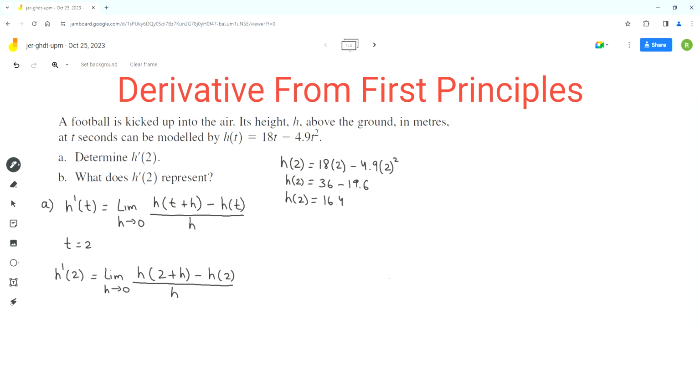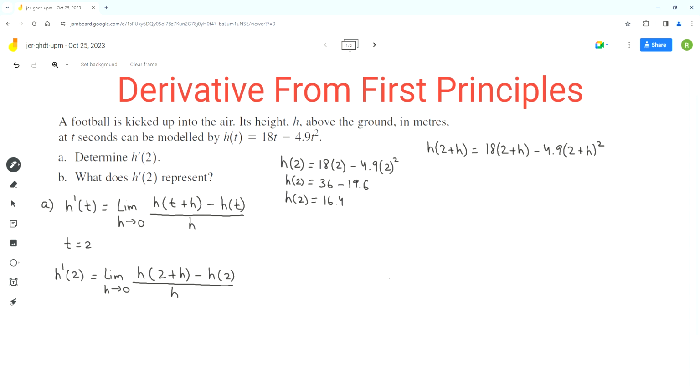Now we can find the expression for h(2 + h). For that, we will sub in t as 2 + h in this given function for h. So we get 18 times (2 + h) minus 4.9 times (2 + h) squared.